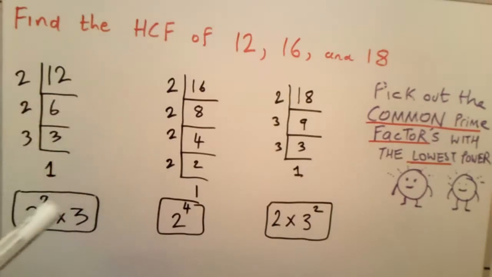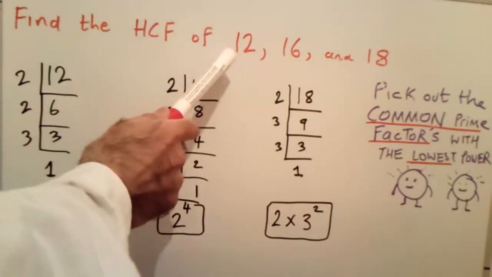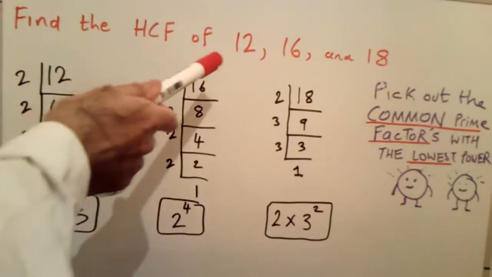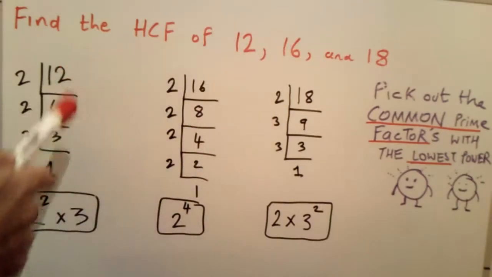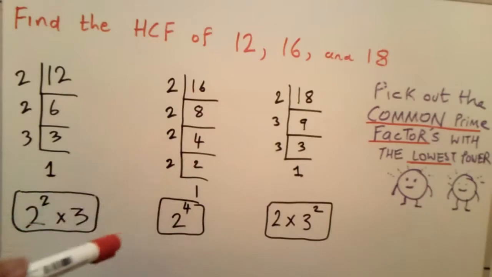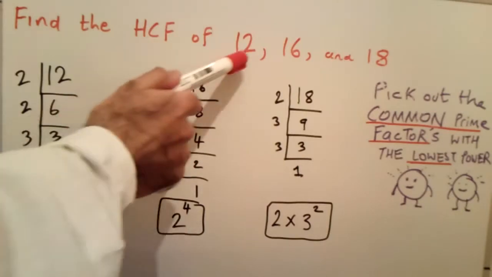We're trying to find the highest common factor of 12, 16 and 18. So we've reduced these numbers into their prime factors. If you're unsure about how to do this, please refer to my earlier video.